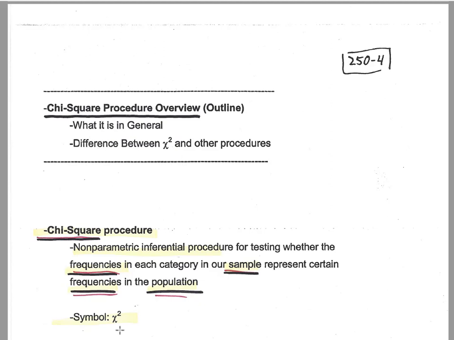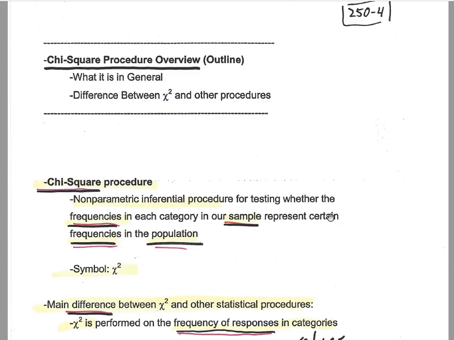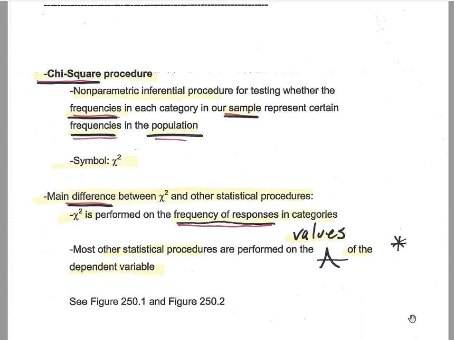The symbol for chi-square is the Greek letter chi. It looks like an X in italics, but that's actually the Greek letter chi with a squared symbol above it. What's the big difference between chi-square versus most of the other statistical procedures we've covered this semester?